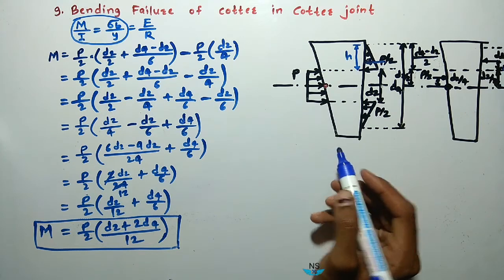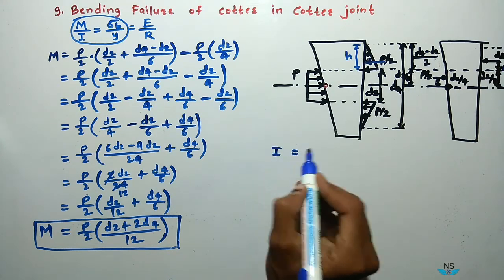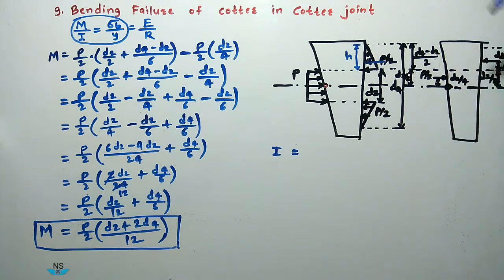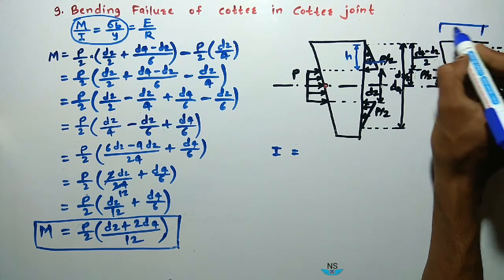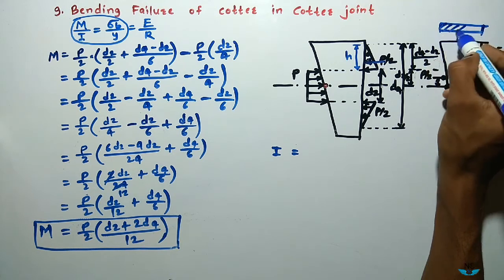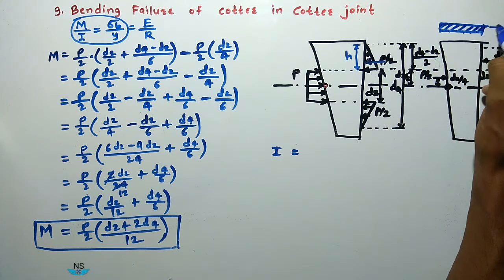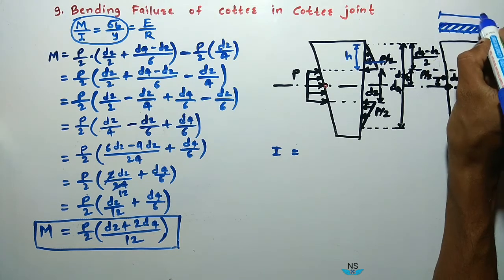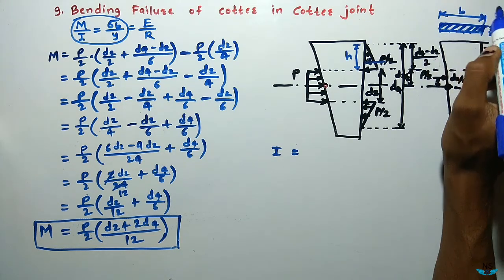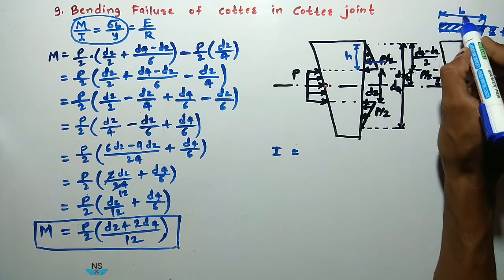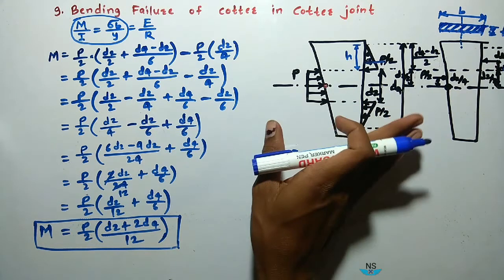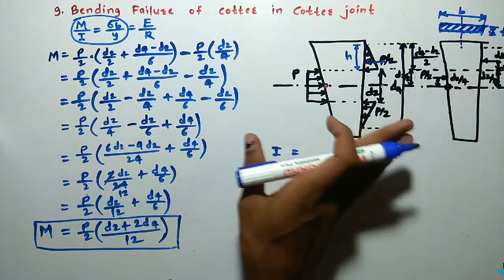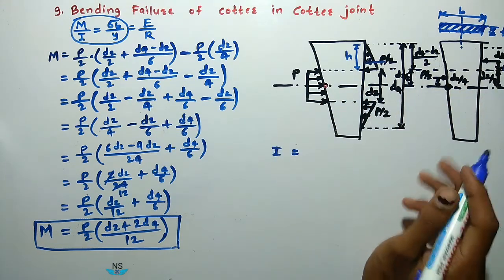Now moment of inertia I of this section. On the top side the quarter will look like this. So this is the cross section of quarter. Now this is the thickness of quarter, T, and this is the width of quarter, B. Width of quarter is B. Now take moment on the y-axis because force is acting perpendicular to that y-axis.